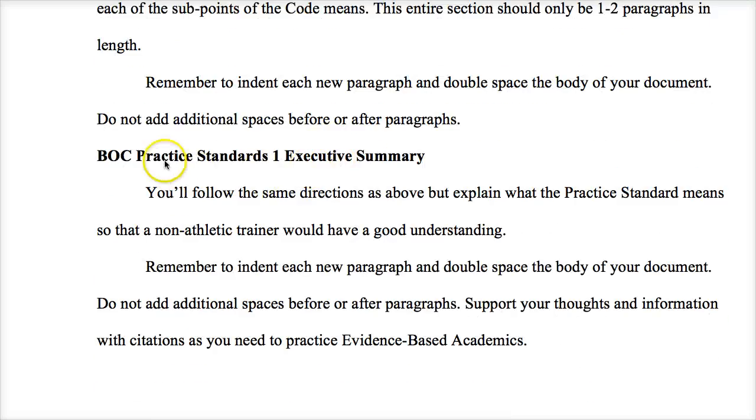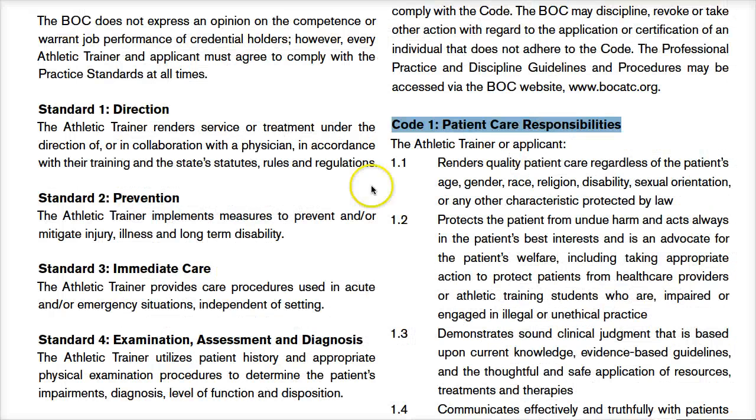Then you'll do the same thing with your practice standards, which our practice standard is direction. What does it mean that the athletic trainer renders service or treatments under the direction or in collaboration with a physician in accordance with their training and state statutes, rules, and regulations? What does that mean in your state? If you're in a state that actually has state licensure, what are your state requirements for being under the supervision of a doctor or physician?